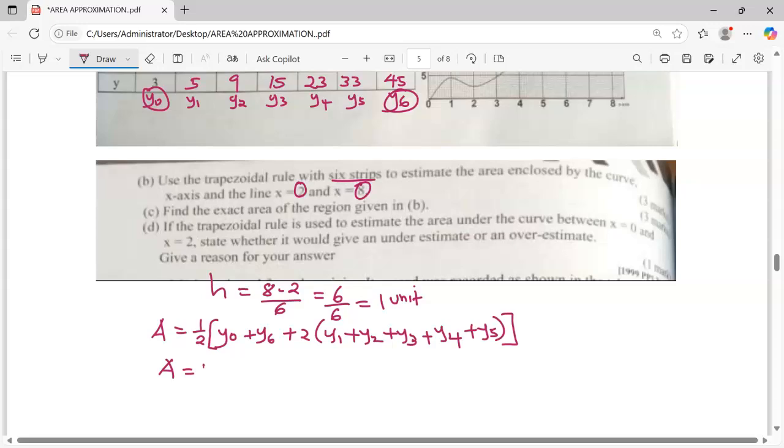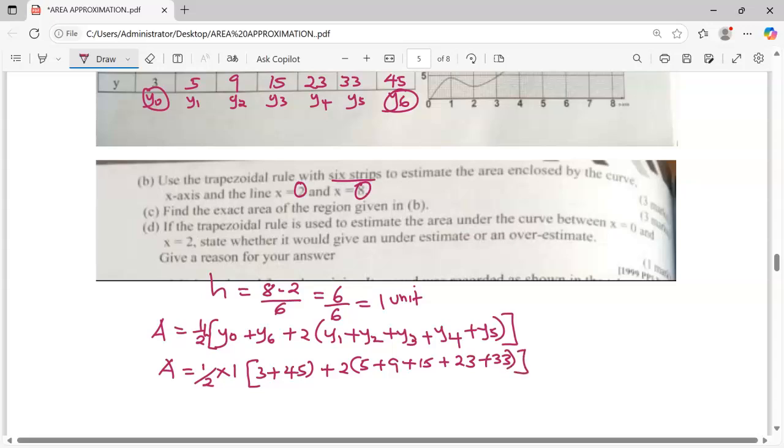Area will be equal to half of 1, that is half the height. The height is 1, into the sum of the ends, y0 is 3 plus y6 is 45, plus twice into y1 is 5 plus 9 plus 15 plus 23 plus 33.